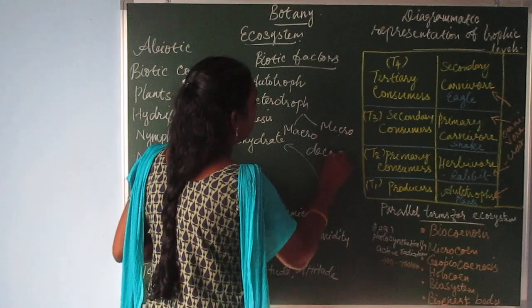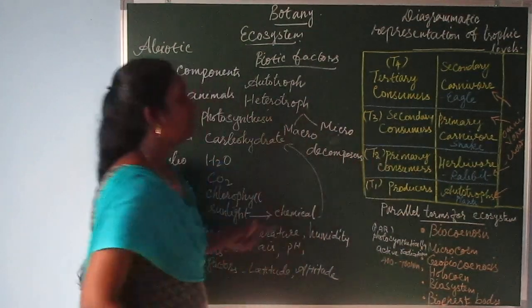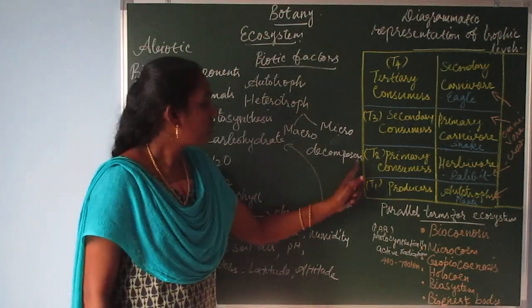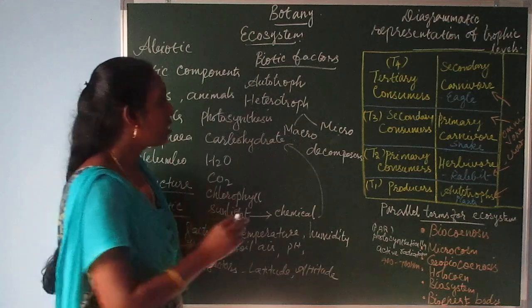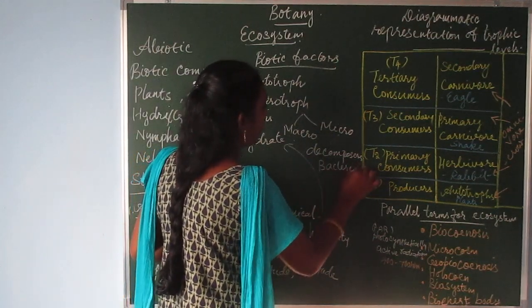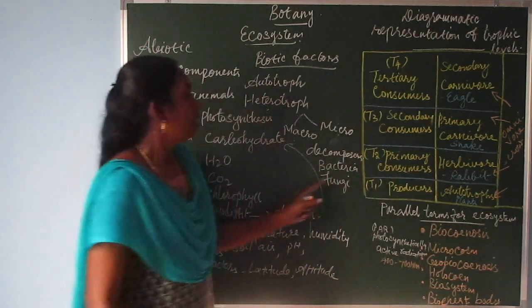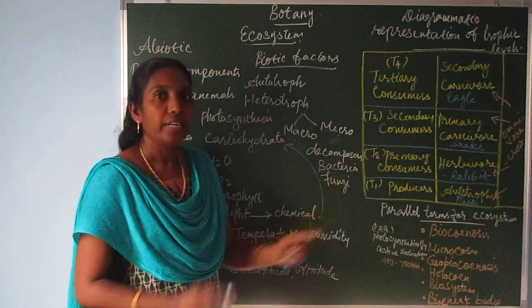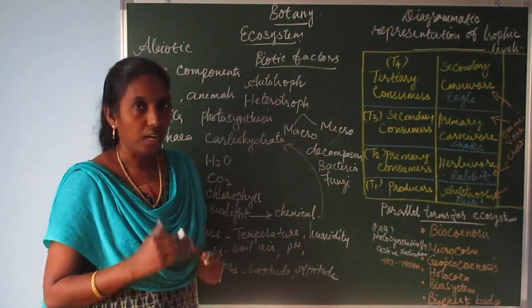Here, decomposers. What are decomposers? They are mainly bacteria and fungi. These organisms decompose plants as well as animals.